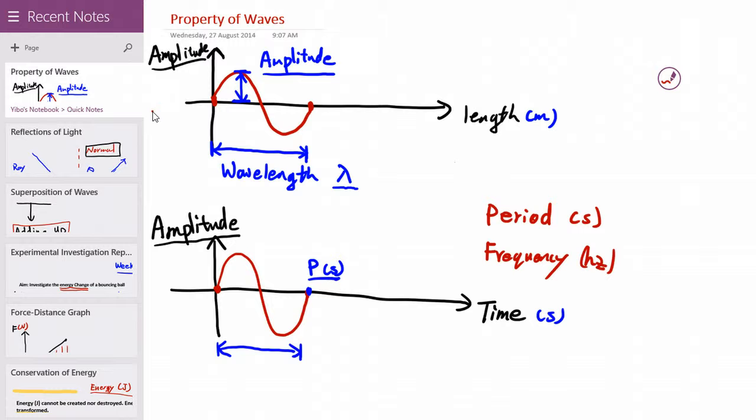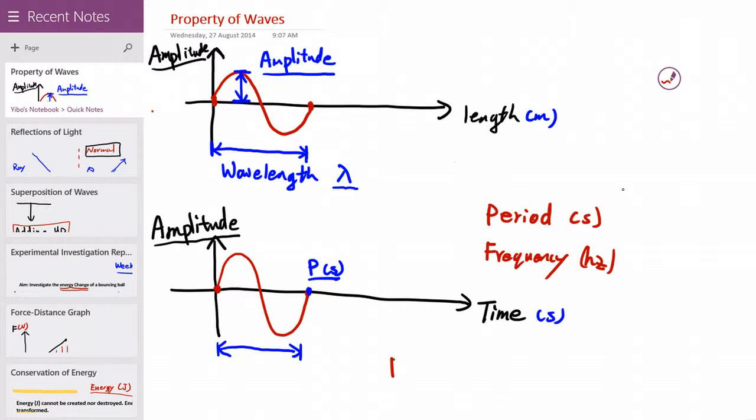It's measured in hertz, and period and hertz both measure the speed of a period of a wave, the speed of a wavelength of a wave. And there's an equation we can relate them with.